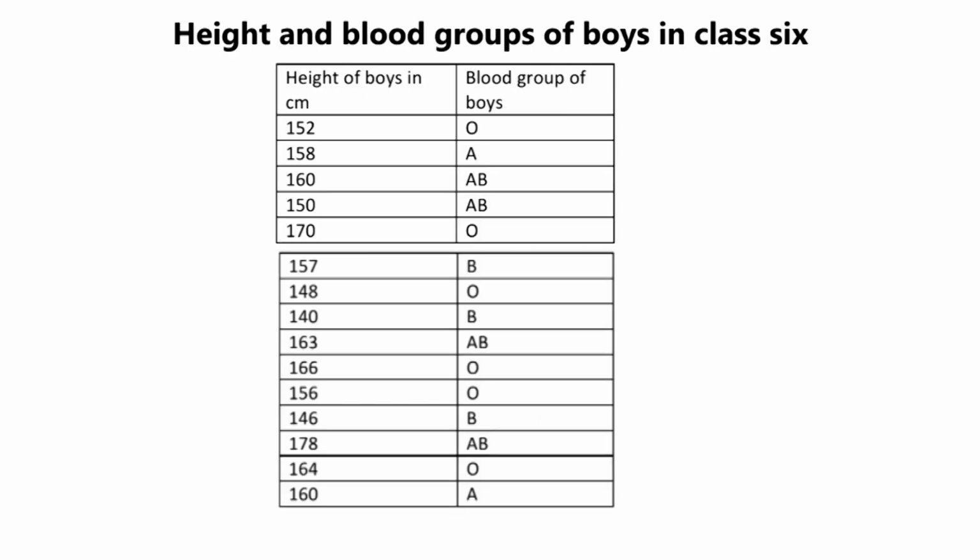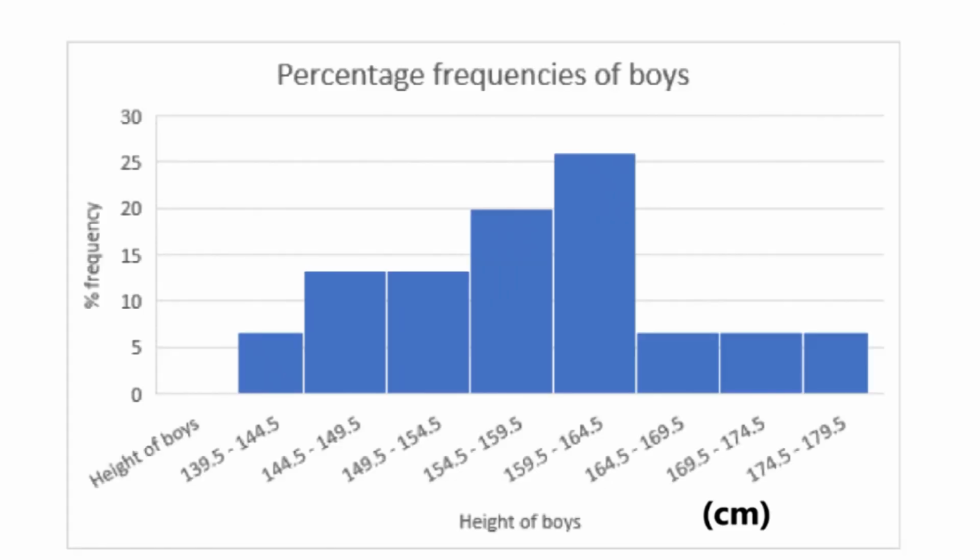Let's look at what we call analyzed data. We have raw data of the height of boys and blood groups. That's the raw data. Now, when we analyze the data, we can look at the percentage of the height, and you see that the analyzed data easily show that 25% of the boys are between the heights of 160 to 165 centimeters.